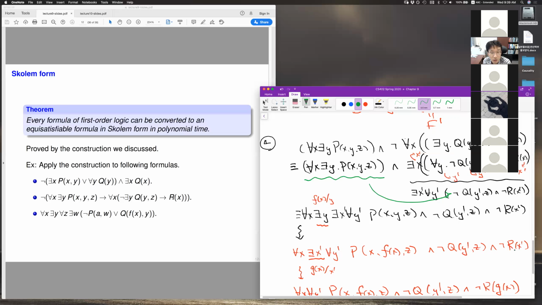Suppose you became a person who is interested in building an automated theorem prover, and the pre-processing step of the automated theorem prover is doing this Skolemization. Then your observation indicates that the performance of your theorem prover may depend on what happens in this pre-processing step, which converts any first-order logic formula into a Skolem formula.